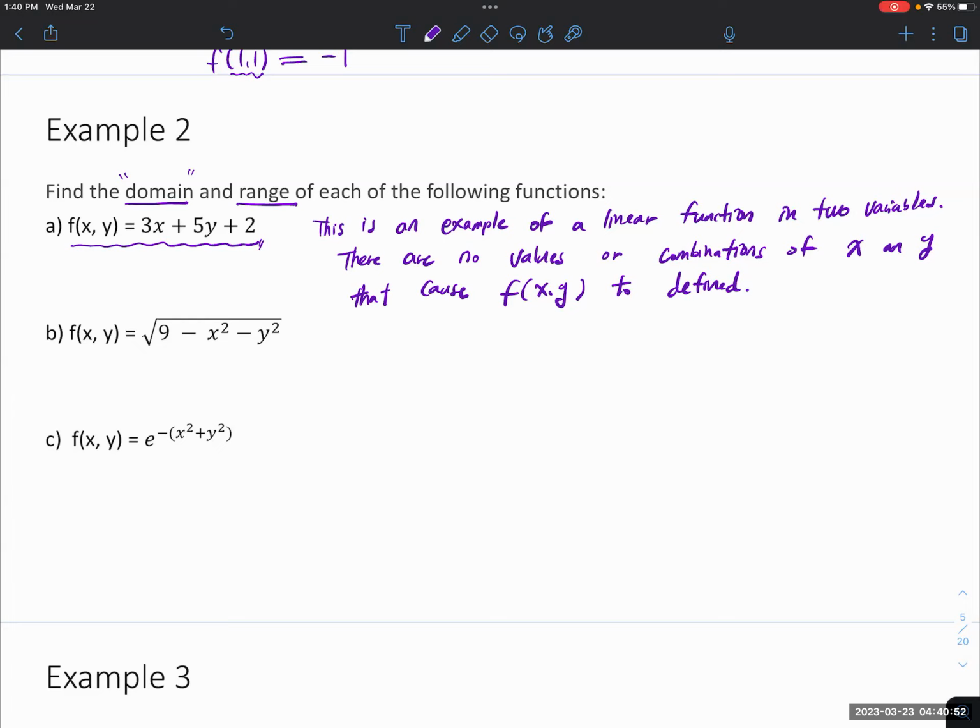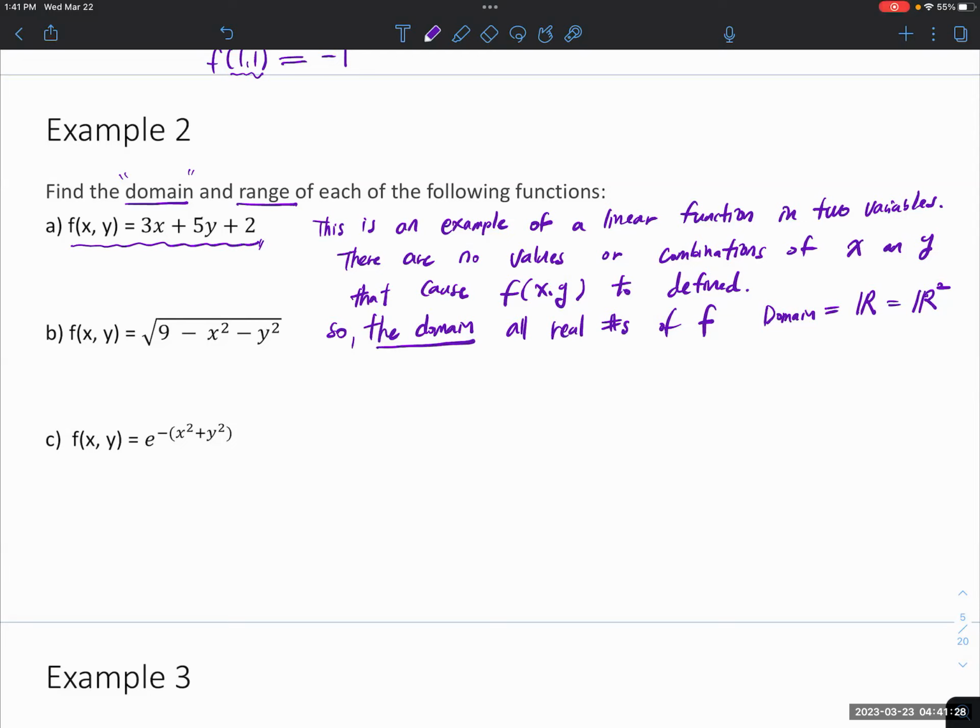So what is the domain? The domain is literally all real numbers. You can choose any number for x. So therefore the domain is going to be all real numbers. Or it has the same meaning in the second dimension in this case, because it's a linear function in 2 variables. Okay, so we found the domain.